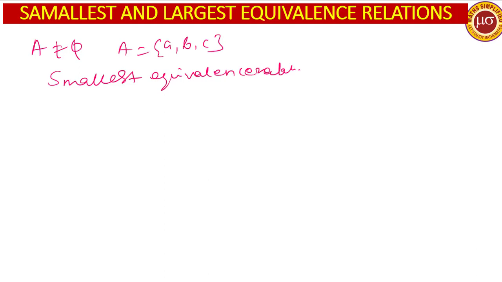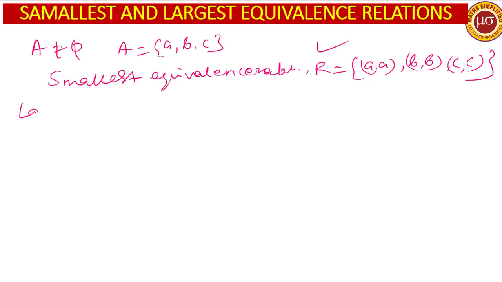It is nothing but R equal to {(a,a), (b,b), (c,c)}. This is the smallest equivalence relation. And what is the largest one? That is nothing but A cross A. So A cross A is the largest equivalence relation.